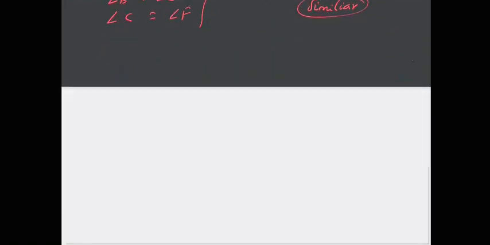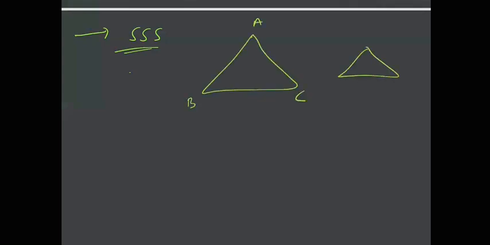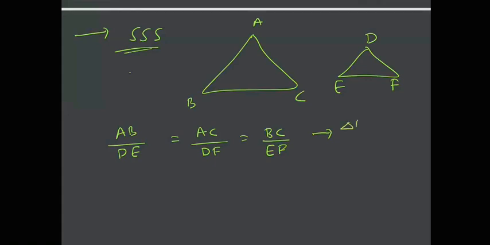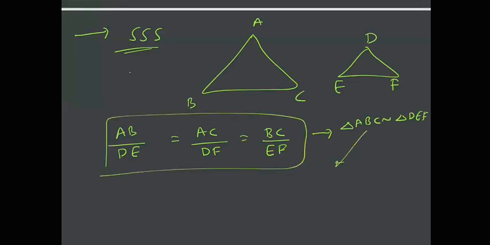Similarly, if three sides are proportional, say in two triangles ABC and DEF, we have AB over DE is equal to AC over DF is equal to BC over EF. If this condition is fulfilled, that is all the three sides are proportional, then also we can say that triangle ABC is similar to triangle DEF. And in this case, since the triangles are similar, we can derive that the corresponding angles are equal, right?